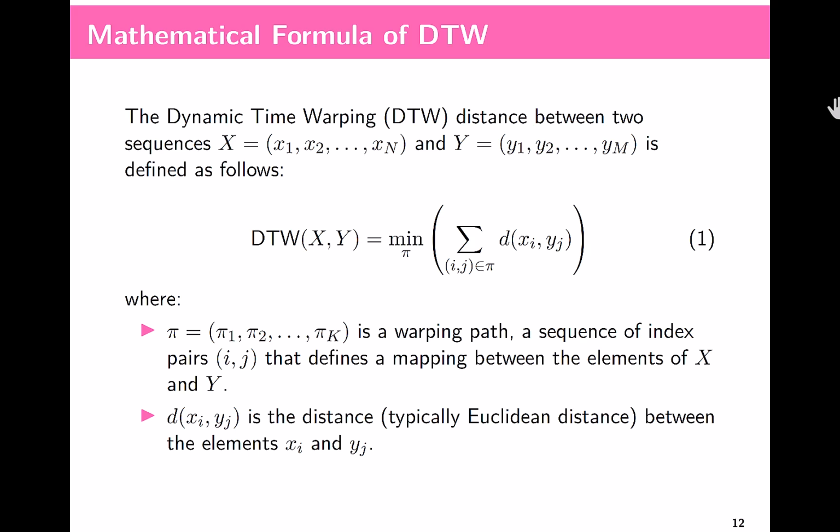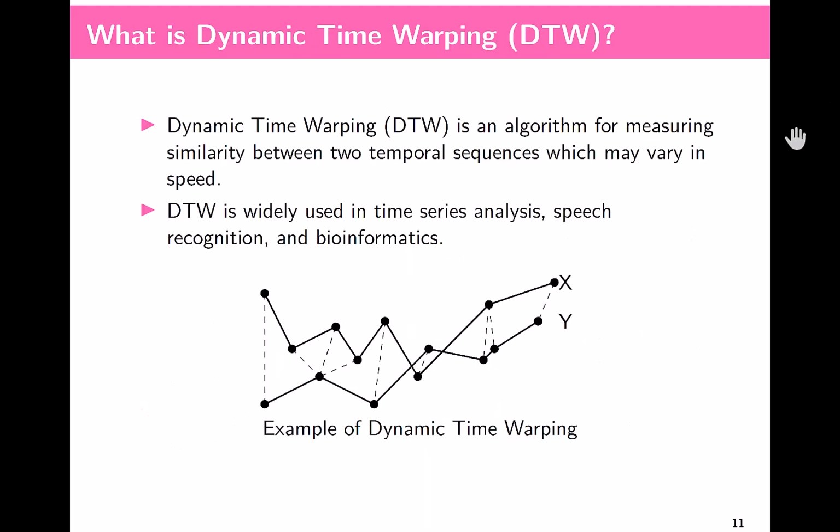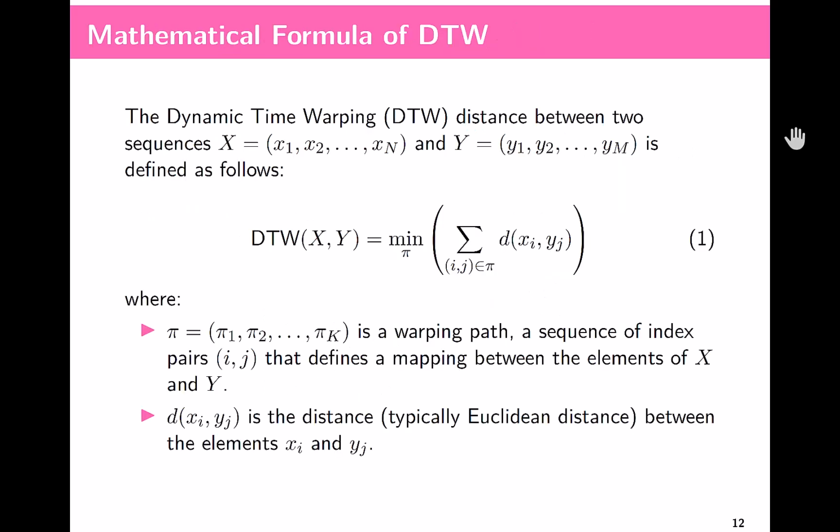The mathematical formula of DTW is the distance between two sequences, X and Y, right? DTW is the minimum over the warping paths of the sum of the distances, the little d, as noted on the previous page, where pi is the warping path, which is a sequence of index pairs (i, j) that define the mapping between the elements of X and Y, the way that you pair them, right?